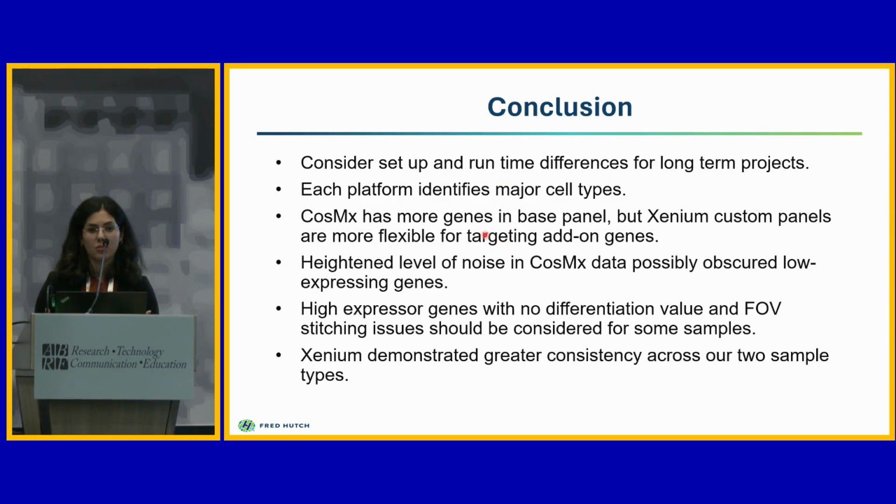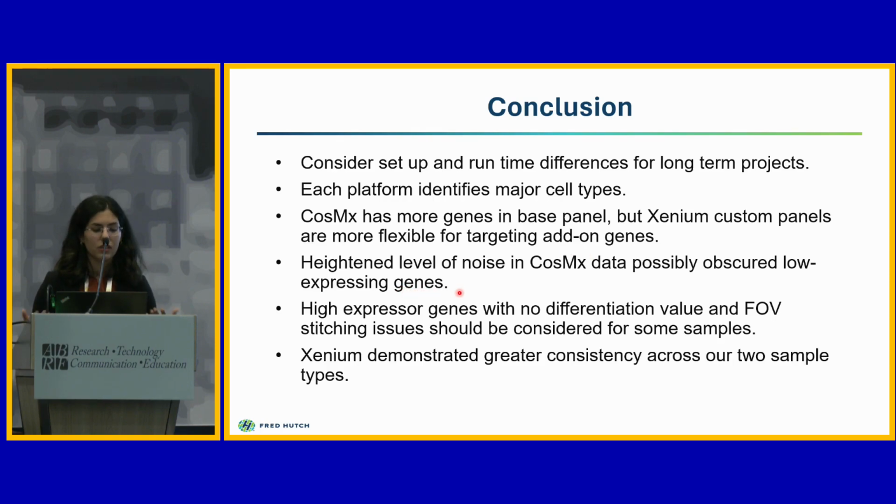We saw that the Cosmics had more genes in it. It has 950 genes, so it is more probable that your gene of interest is inside that than like 377 genes. But I have to mention that the Xenium offers the possibility to add the custom gene on top of the panel. Cosmics has that too, so you always have the option of add-on genes.